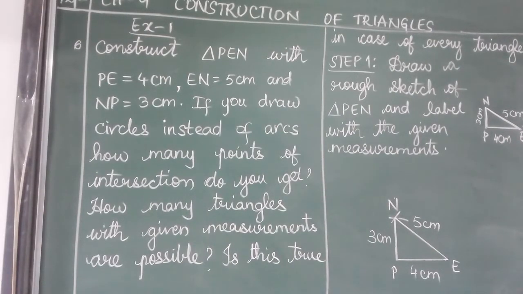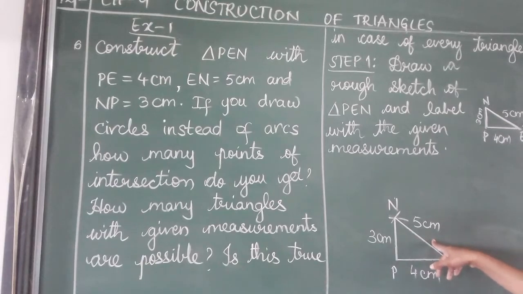So here on the board is construction done. PE already I have explained to you how to draw. This is 4 centimeters and then P as the center, we have taken 3 centimeters as the radius and have drawn an arc. Then from E, we have taken the radius of 5 centimeters because the distance from N to E is 5 centimeters.